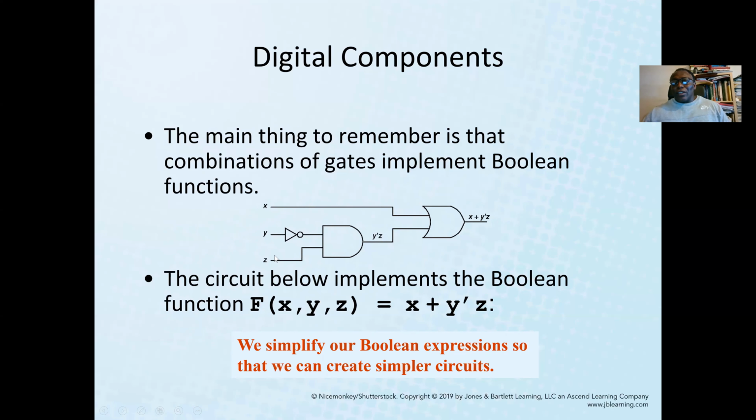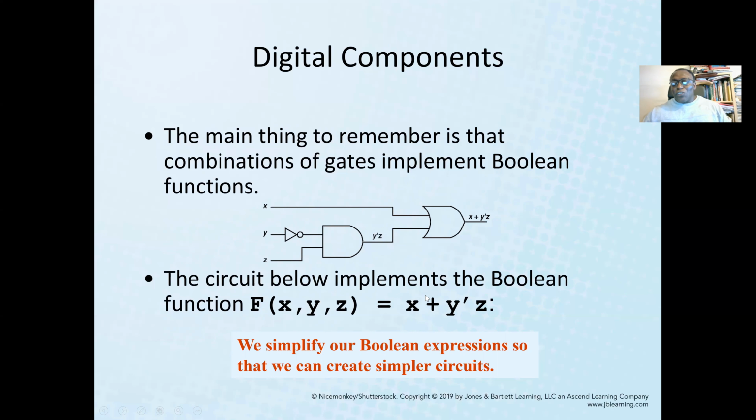And the inputs are 3. At the end, we get an output of X plus Y invert Z. If we remember, we use this expression to develop the truth table.